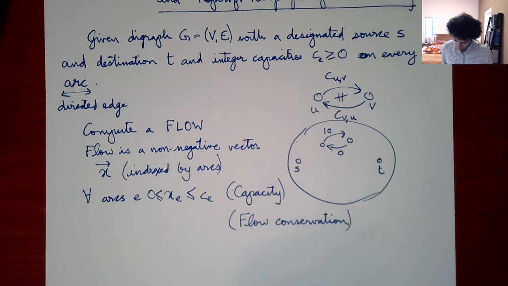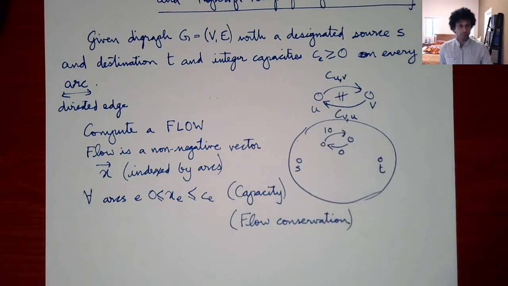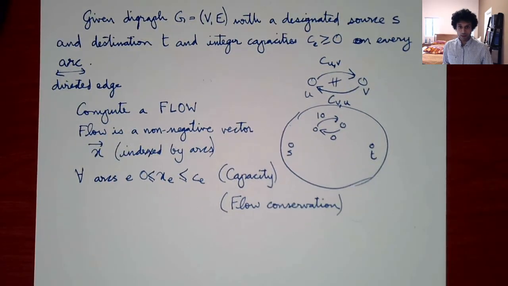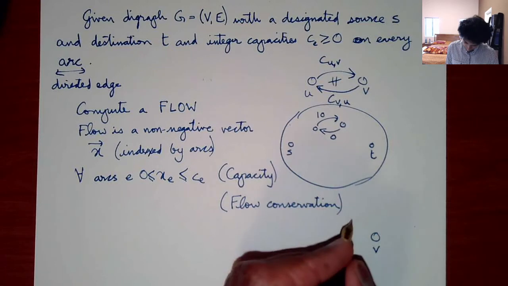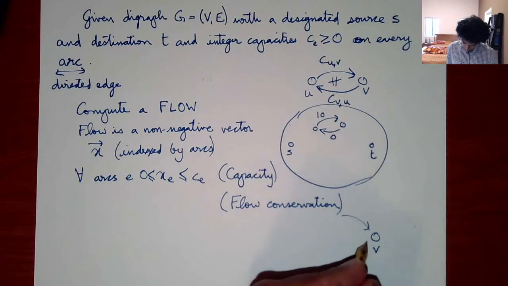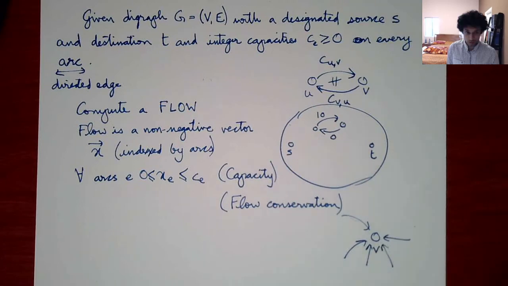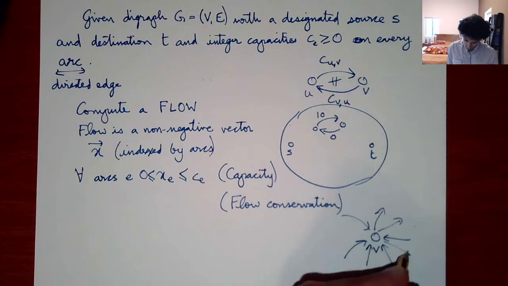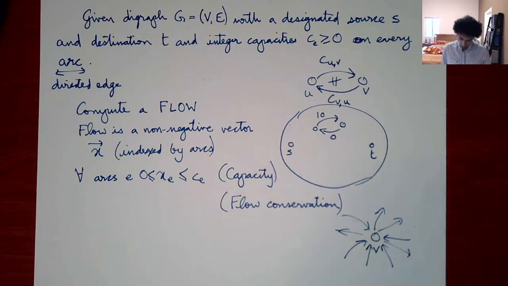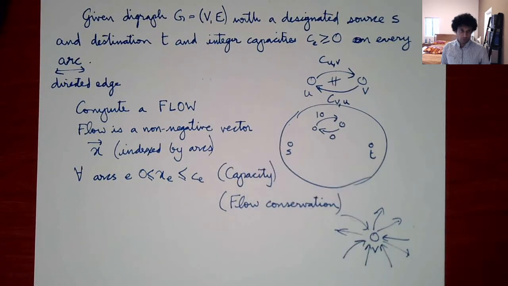Alright, so I will draw a picture here, and that will make the most sense. If you have some vertex that I'll call V, you can look at all the flow that is coming in here, and you can look at all the flow that is going out, and whatever flow is coming in has to be equal to the flow that is going out.